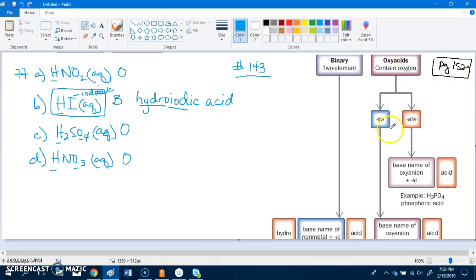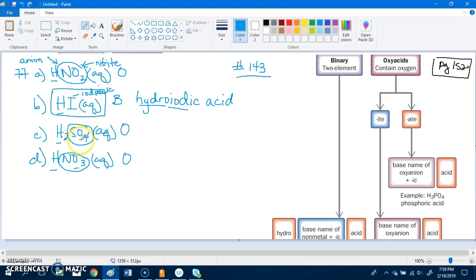Now for oxyacids, it all depends on the name of the polyatomic ion the hydrogen is bonding to. The first thing you need to do is name this polyatomic ion, which is the anion in the acid. Looking at your table on page 143, the name of the NO2 anion is nitrite.